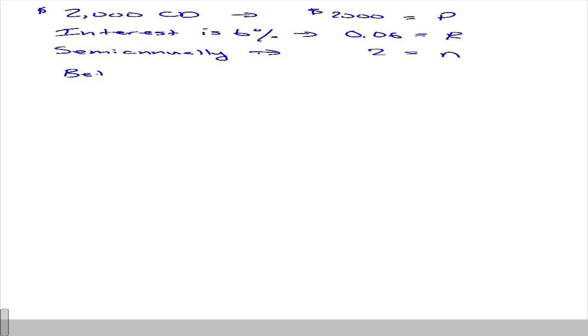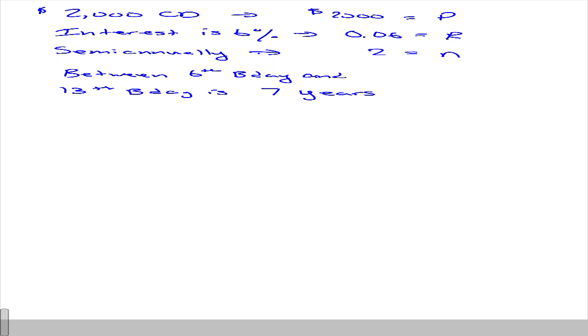So between 6th birthday and, I'm sorry, 13th birthday is 7 years. And that's your T.